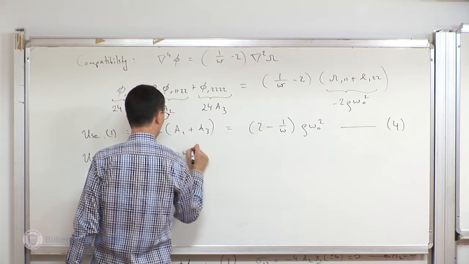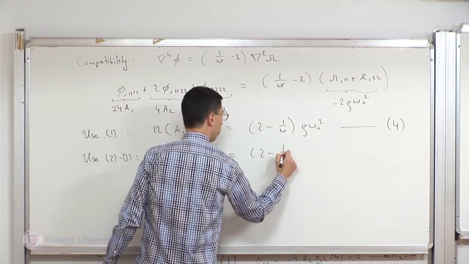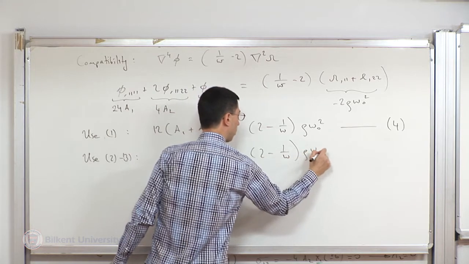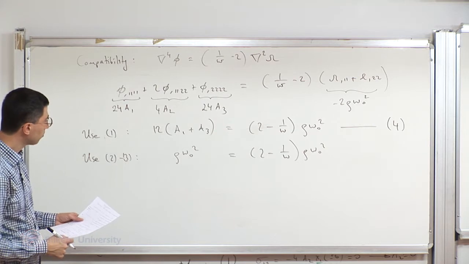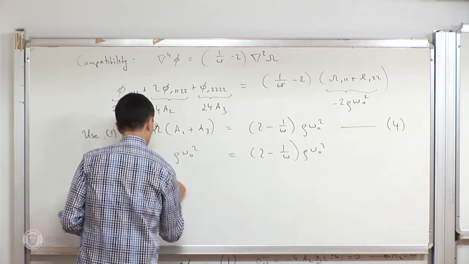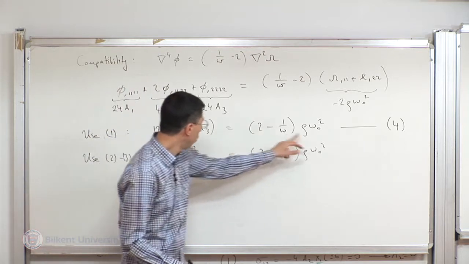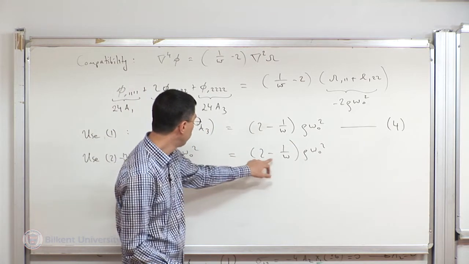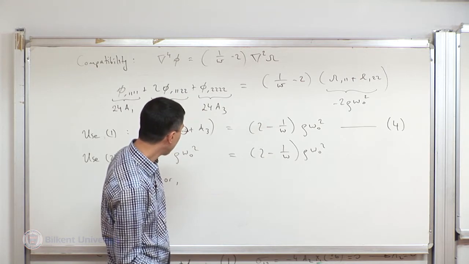So I have rho omega naught squared on the left-hand side equals 2 minus 1 over omega rho naught squared on the right-hand side. Okay, you cancel the rho omega naught squared. 1 is equal to 2 minus 1 over omega. Or multiply everything through by omega if you like.